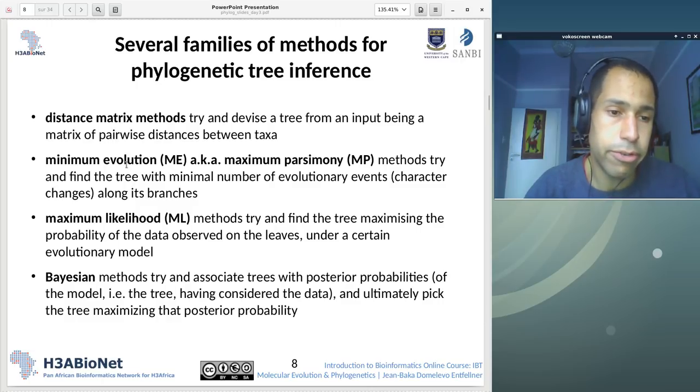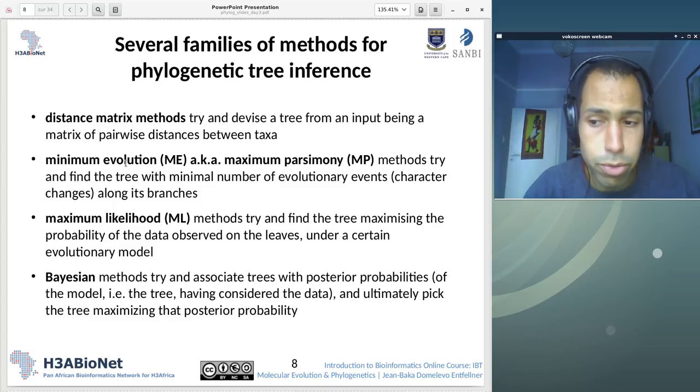Okay, the idea in these 2 methods is to say, okay, the best tree is probably the one that leads to the minimum amount of substitutions, of mutations, if you want, on the branches. Okay, so it comes with this strong assumption that the best way to model reality is to explain evolution with the minimum amount of evolutionary events.